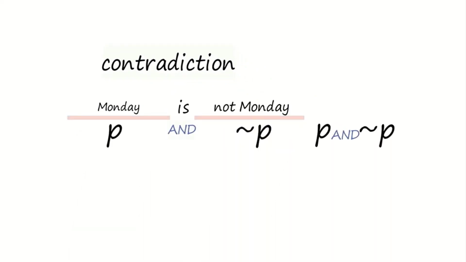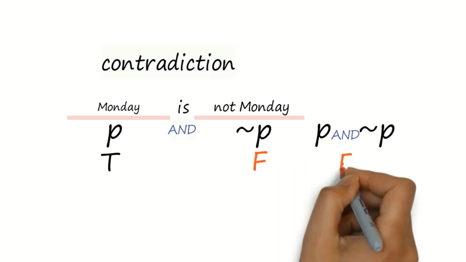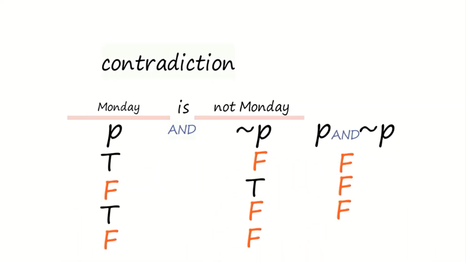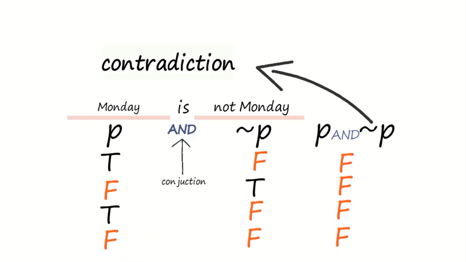Now for the example statement, "Monday is not Monday." All possible combinations of the truth table are depicted and the result of each combination is false. Hence it is a contradiction, and we have used and, a conjunction, which is known as a connective.